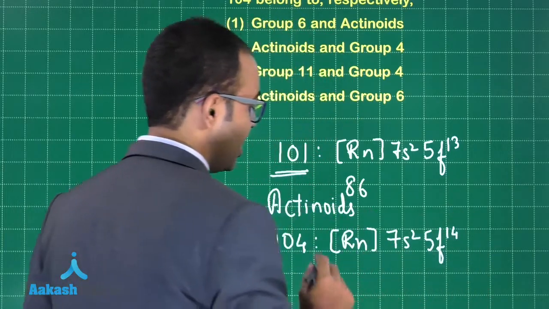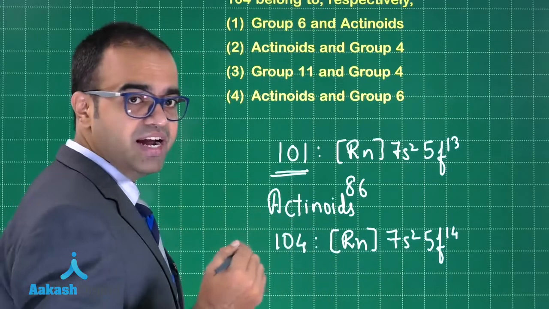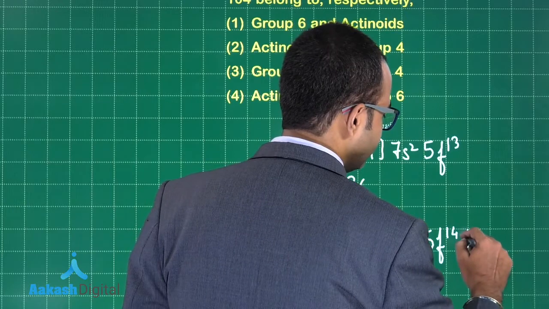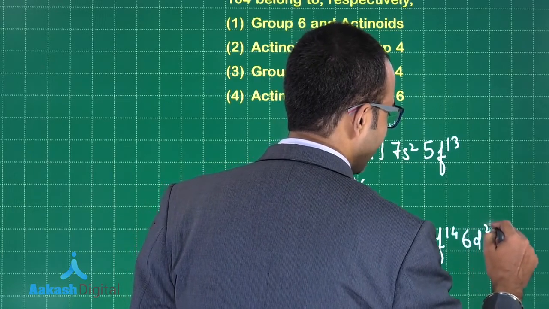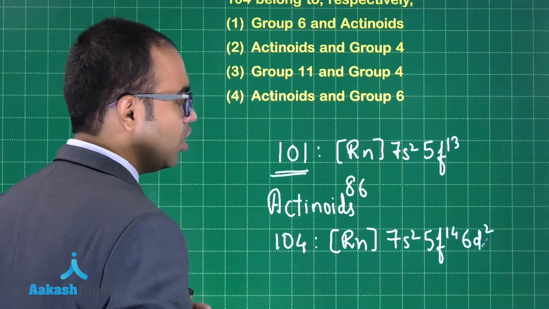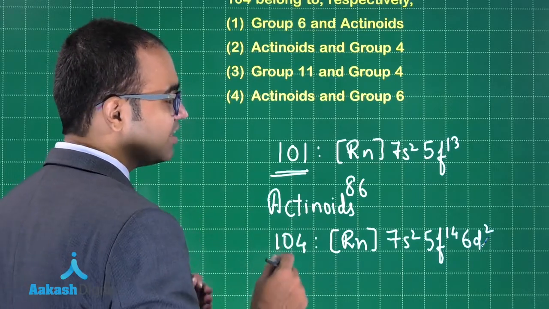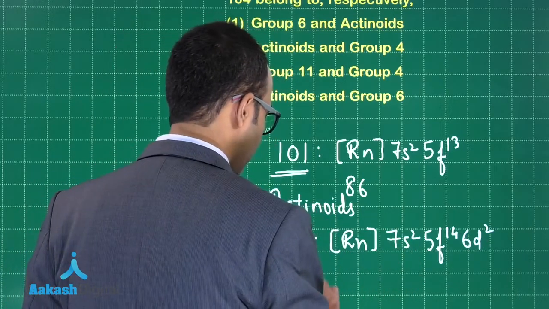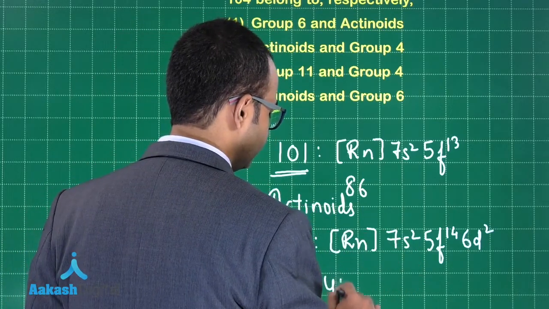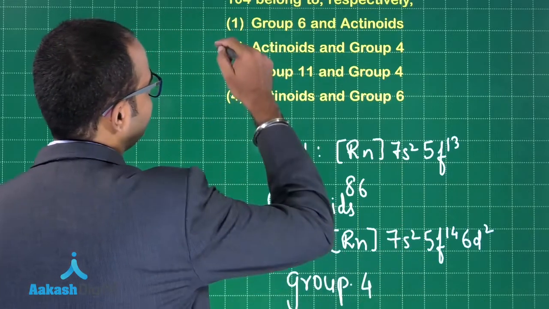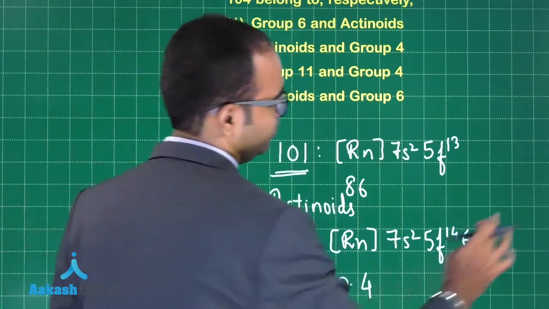So you're done with 102 electrons. You're left with 2 electrons more. So where will those 2 electrons go? The 2 electrons will go into 6d and I'll have 6d2. So this will belong to the 4th group, guys. So 104 belongs to group 4. So the answer is option 2, guys.